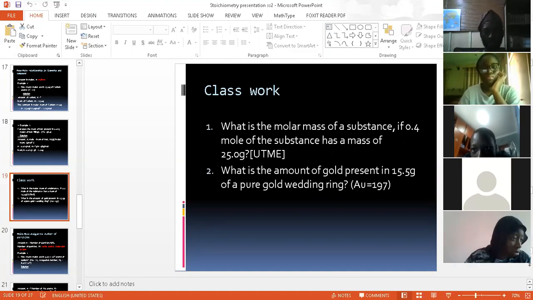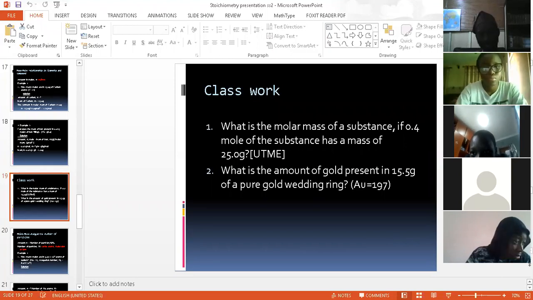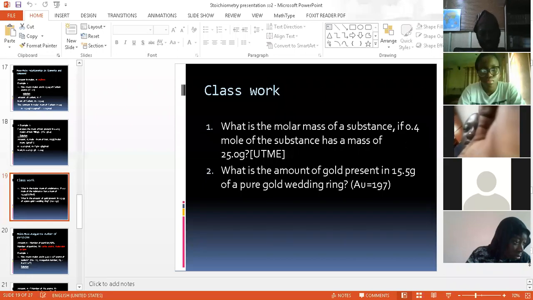How do you go about the solution of this? Molar mass, question mark. 0.4 mole stands for what? Amount. And it has a mass of 25 grams. So you are given mass. Which formula connects the three parameters? I'm waiting for your answer.